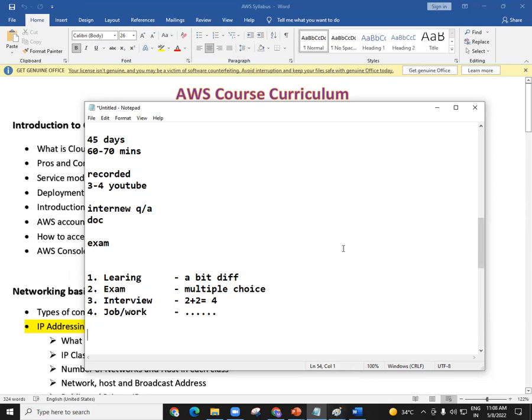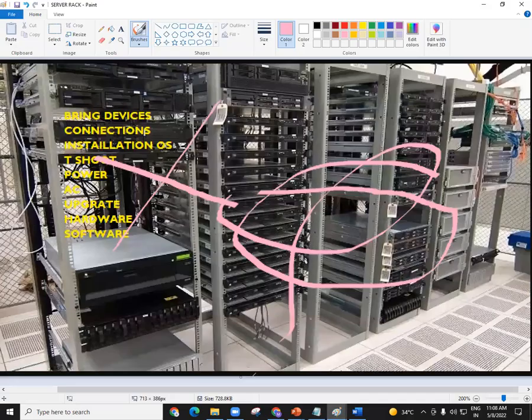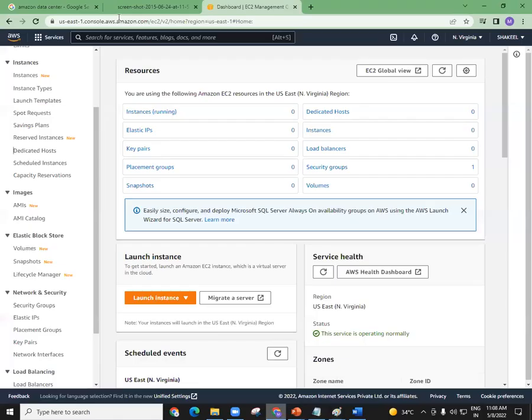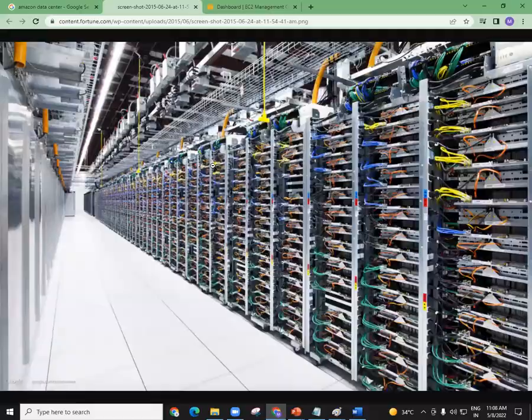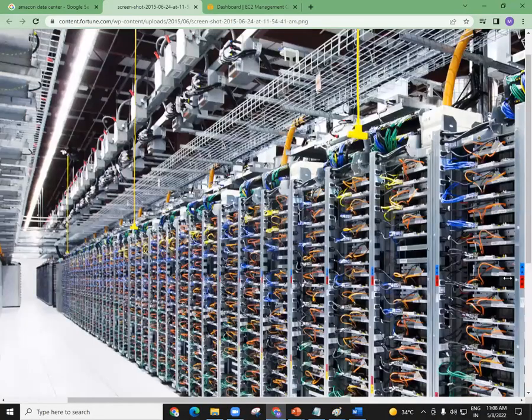I hope you understood the concept of cloud computing. I'll just revise in a basic way within 30 seconds. Instead of maintaining data centers on premise within your company, there are many things we need to do when you make a data center within the company. So what we can do is simply go with other companies' data centers like Amazon, Google, and run our applications there.